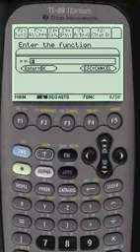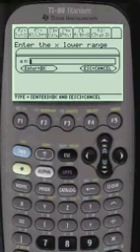Alpha 2 times the square root of x over the interval of alpha 4 and alpha 9.